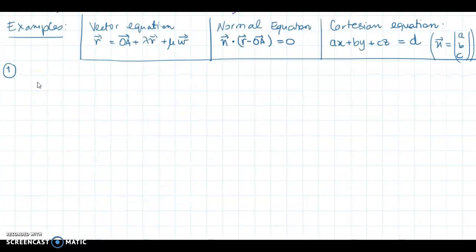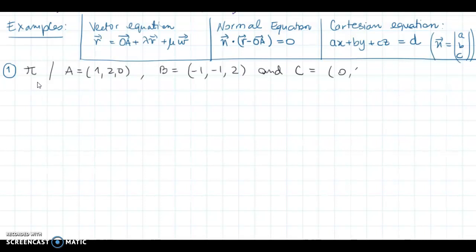Let's practice writing the equations of planes in the different ways that we know now. Let's begin by assuming that the plane that I'm going to call pi is such that the points A equals (1, 2, 0), B equals (-1, -1, 2), and C equals (0, 1, 3) belong to the plane pi.